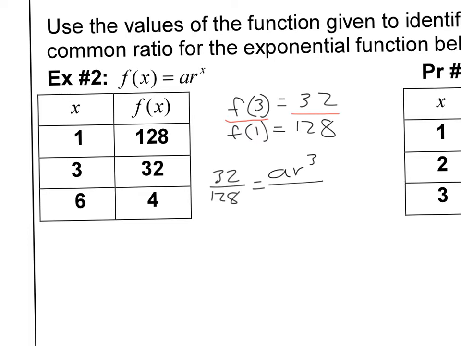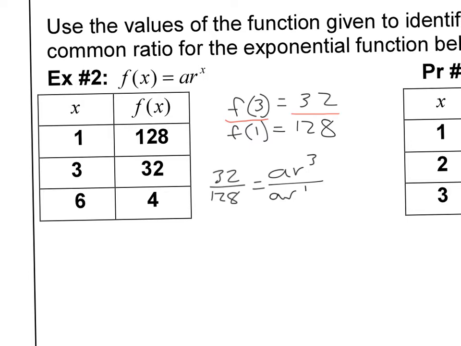And the 128 part, well, that equals a r to the 1. So I could just write a r to the 1. And it doesn't matter which ones you use. It's generally better to have the r with the bigger exponent on top, but it doesn't matter. You'll still get the correct answers here. This is how you could find the ratio.